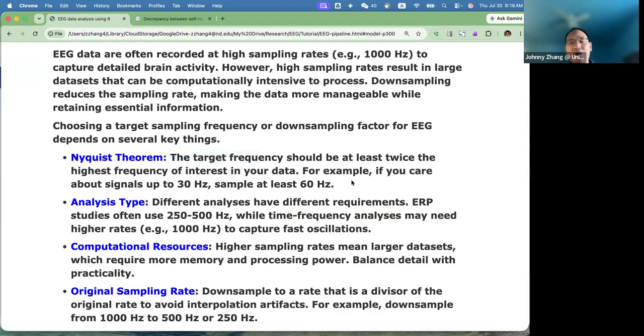So, for example, if you are interested in signals of 30 hertz, you should sample at least 60 hertz, which means your sampling rate shouldn't be smaller than this. For different types of data analysis, we may also require different sampling rates. For example, for ERP data analysis, oftentimes we use a sampling rate between 250 to 500. So this is something we can use.